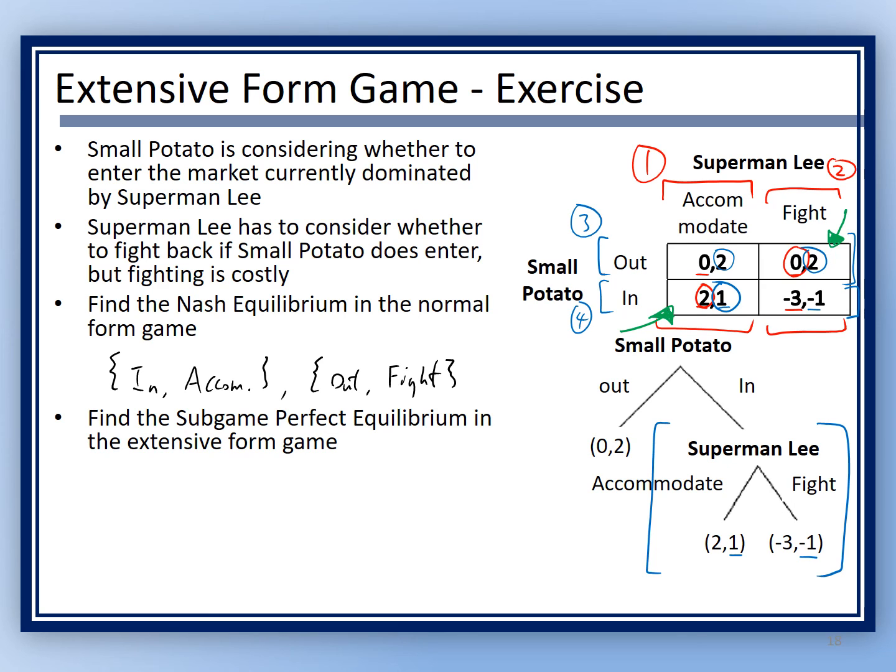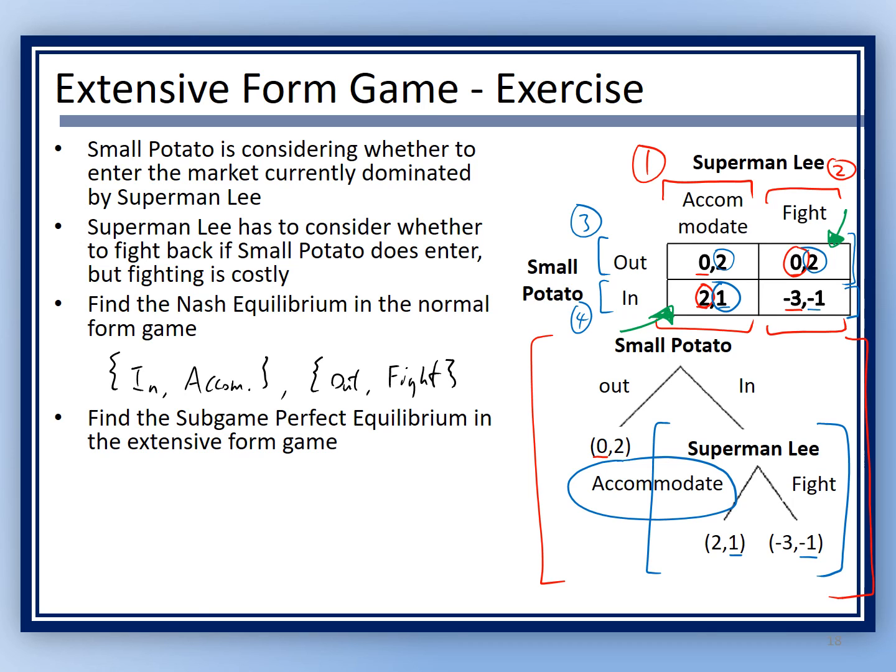I've copied the numbers over, so it's the second number here. Superman Lee is going to get 1 if he accommodates and less if he fights, so he's going to accommodate.